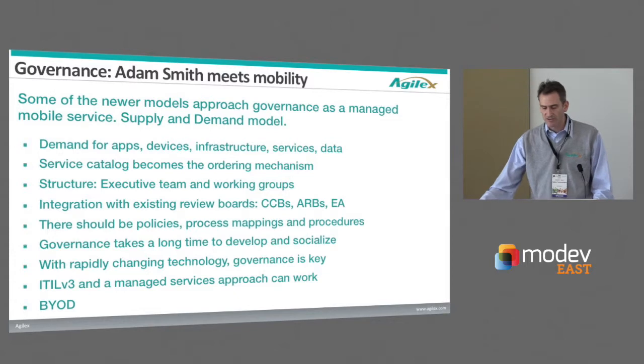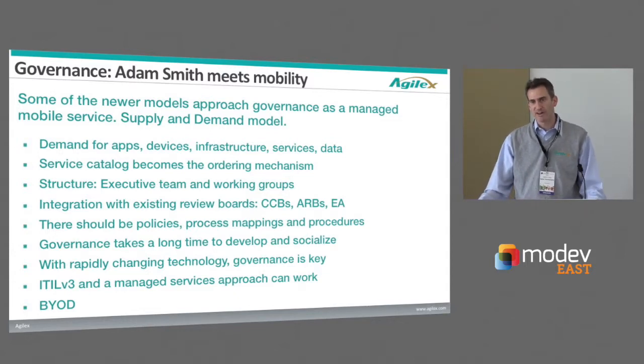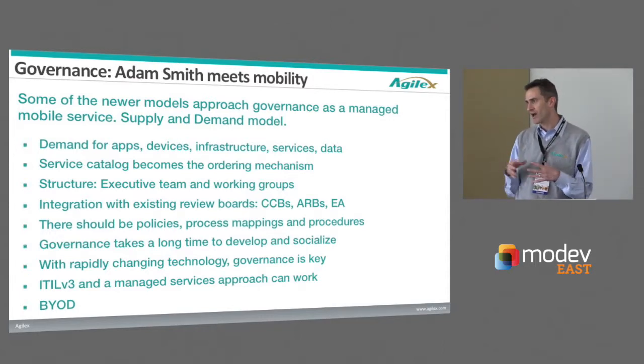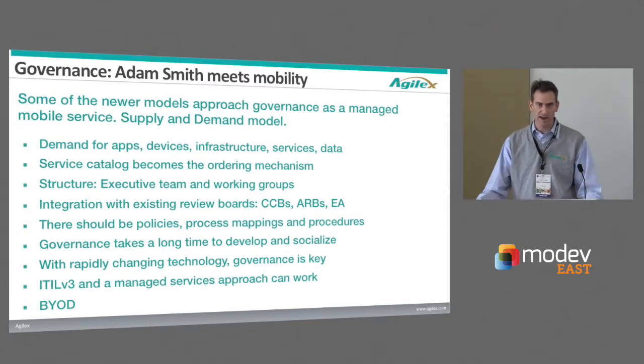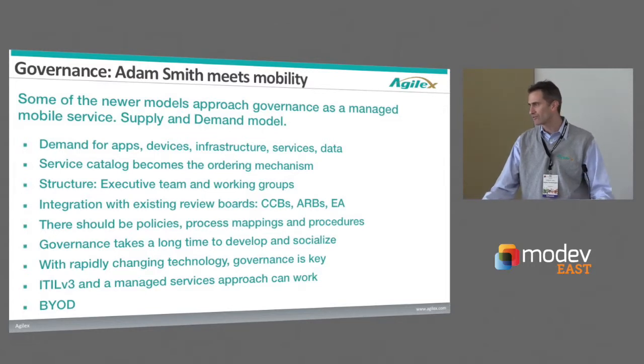And it's important to determine and define, okay, what's the structure for our governance? How are we going to manage that? And typically most organizations that I've seen will have this two-tiered approach where you have executive governance at a CIO and VP level, and then you'll have functioning working groups who are working with delivery, working with resource management, whether it's meeting the demands for apps, for devices, what have you.